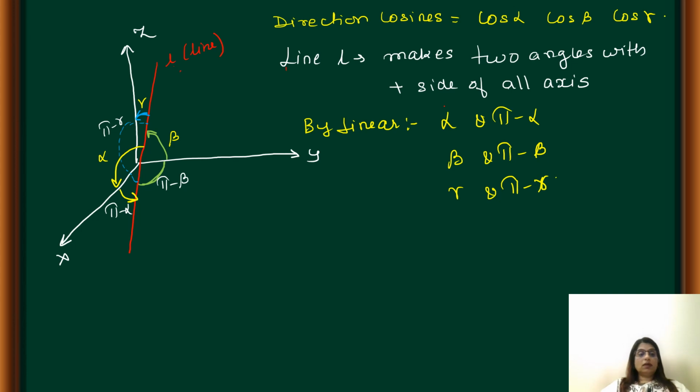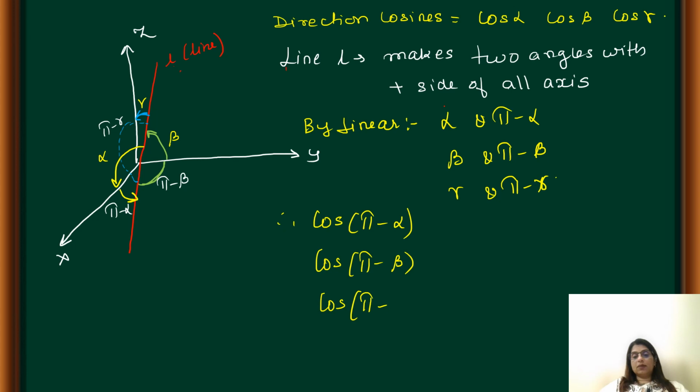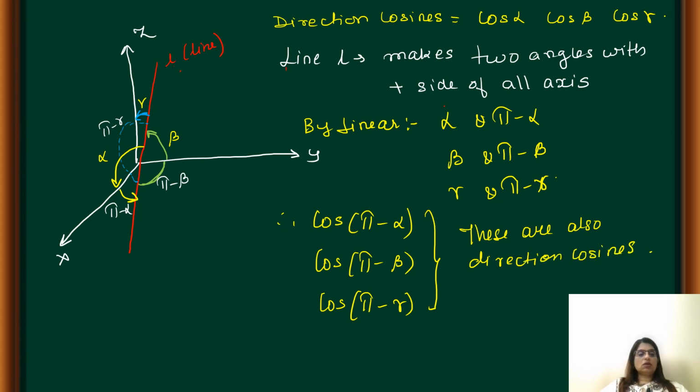That means the cosines of the angles on the other side, cos of pi minus alpha, cos of pi minus beta, and cos of pi minus gamma, are also direction cosines of the same line, yes or no?